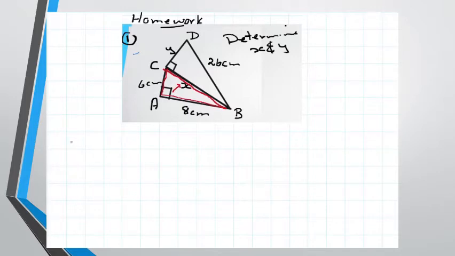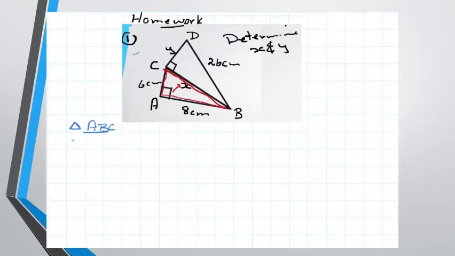So I'm going to start referring to it. Let's make a statement here: in triangle ABC, I'm going to work with this triangle first. Now I do know that Pythagoras states that the two sides touching the right angle, squared and summed, must be equal to the hypotenuse squared, opposite that right angle.